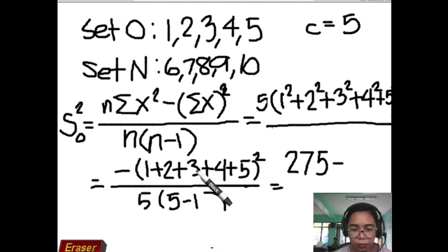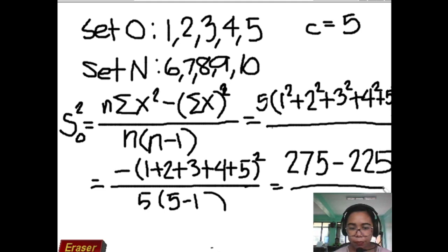The square of the sum of set O, or the observations in set O, is 225. Then we divide it with 20.